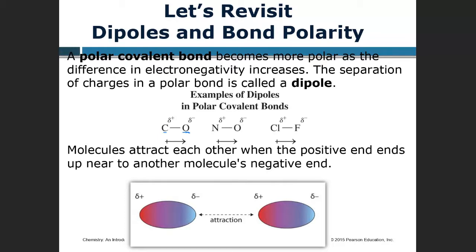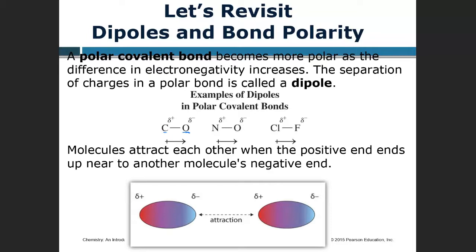So that's the dipole, and this is the way to represent the dipole. This is the nitrogen and oxygen, chlorine and the fluorine. So as the electronegativity difference, which is represented by delta E, increases between the two atoms, the compound will be more dipole, or the polarity will increase. Okay?